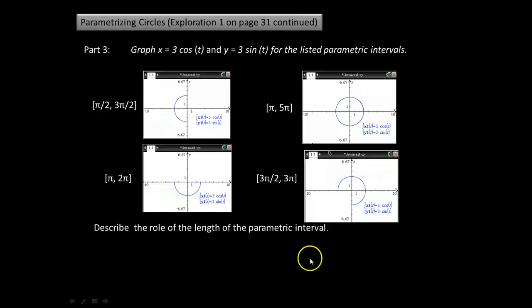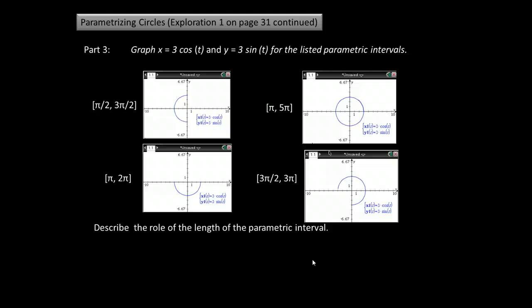So the question says, describe the role of the length of the parametric interval. So again, as it was in parts 1 and 2, the length of the parametric interval does dictate how much of the circle we get, but the initial and terminal points are going to change depending on where that parametric interval is.